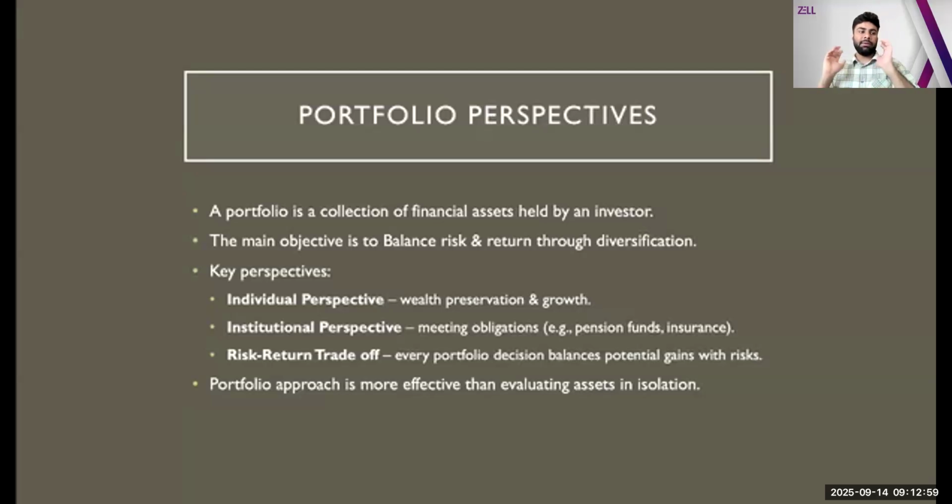If I have a basket with a different set of investments, if one is rising, another might be falling, and the third one might be giving you steady returns. If I combine all of this, it is striking a balance between my stability and my growth. Are we clear? Yes, sir.